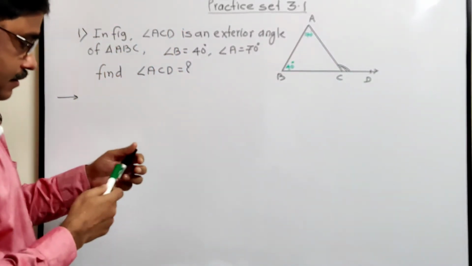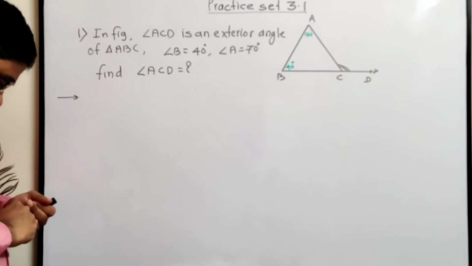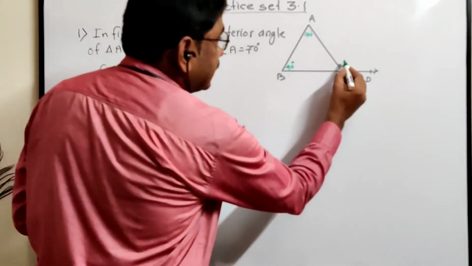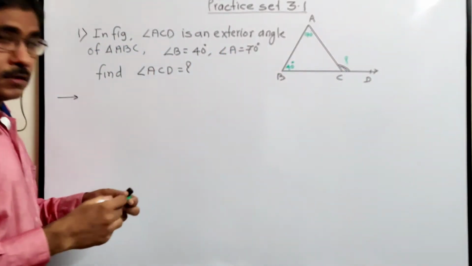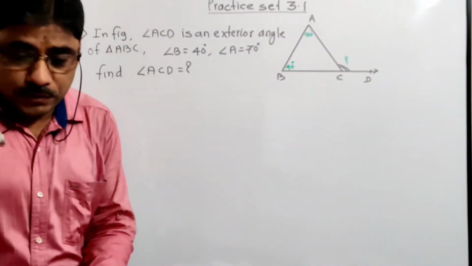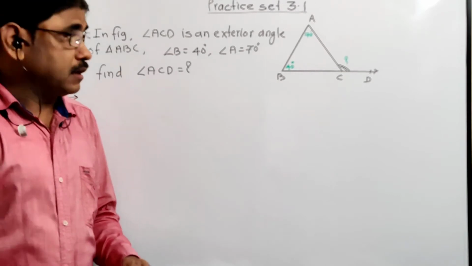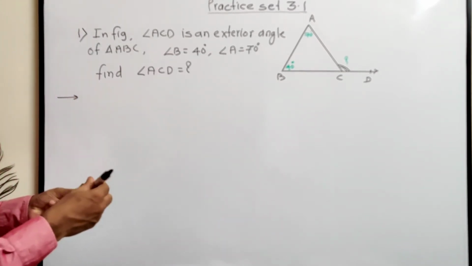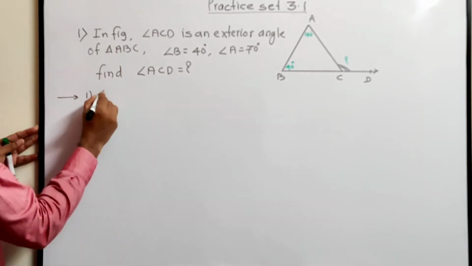Then find the measure of angle ACD. That is what we have to find. So which theorem do we have to use? By the remote interior angle theorem.